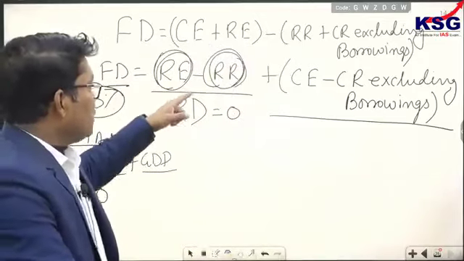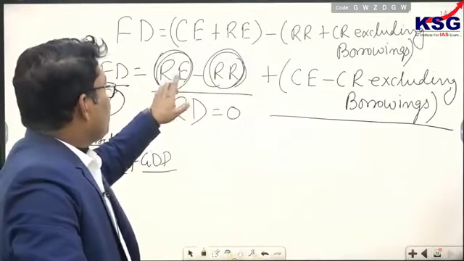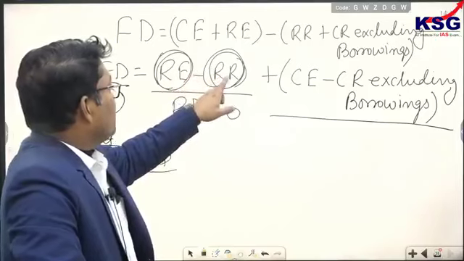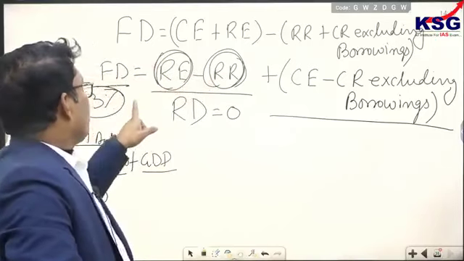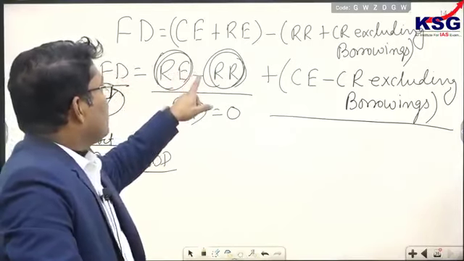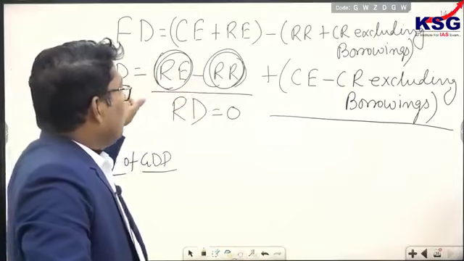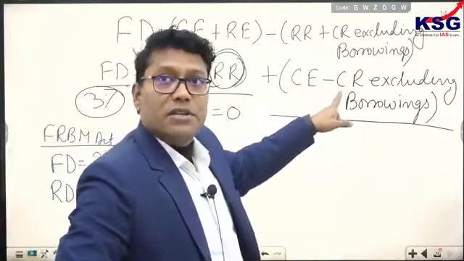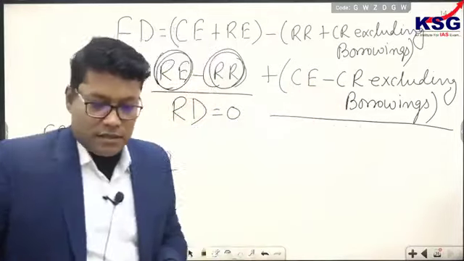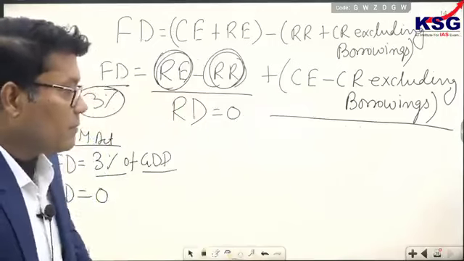Because if RD is 0, your revenue expenditure you are meeting with the revenue receipts. So this 3% of FD is not coming from this part, but it is wholly coming from the capital expenditure. Just think, what is the meaning of that?